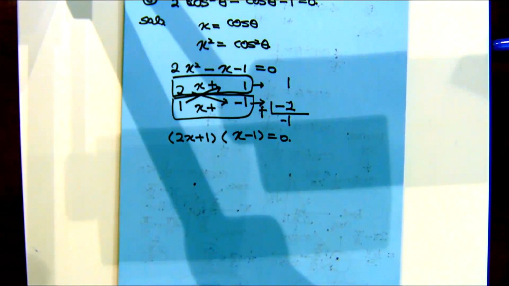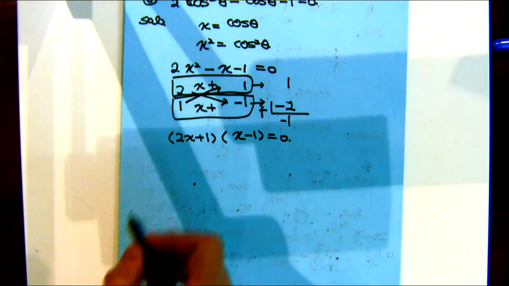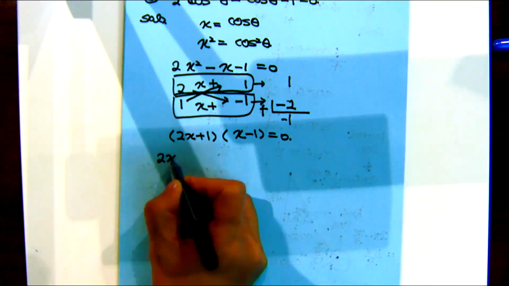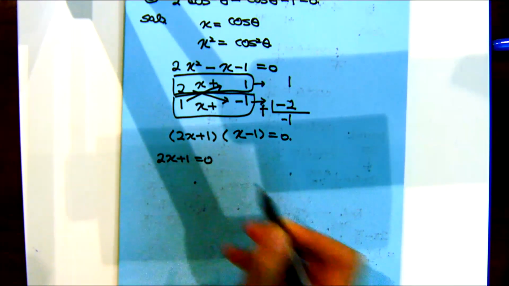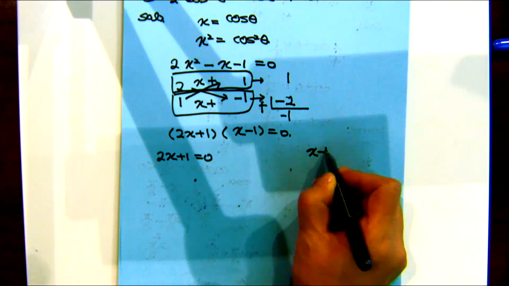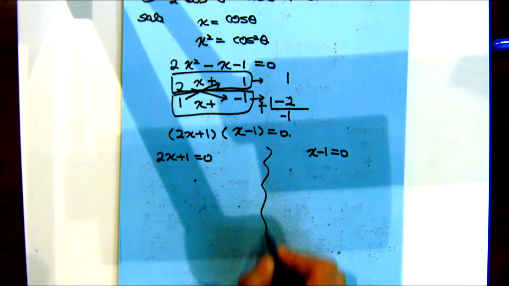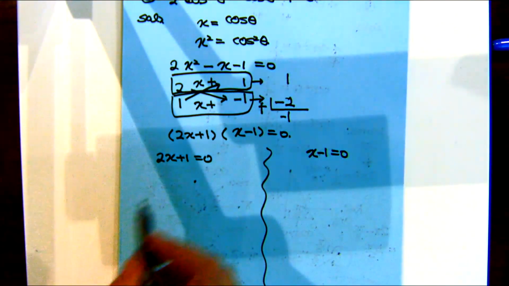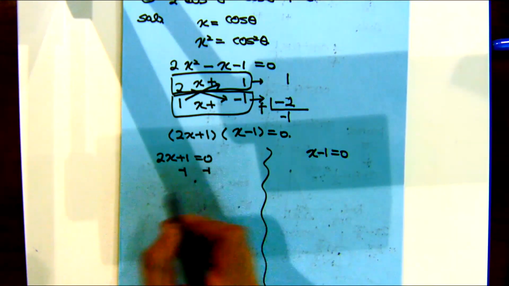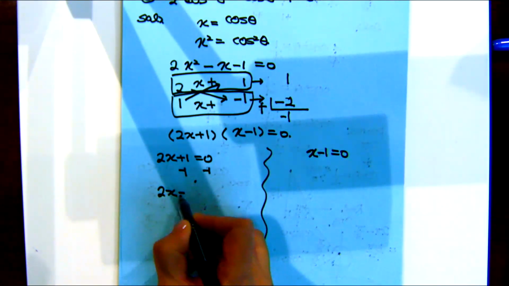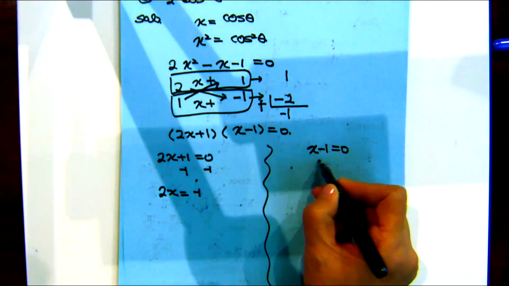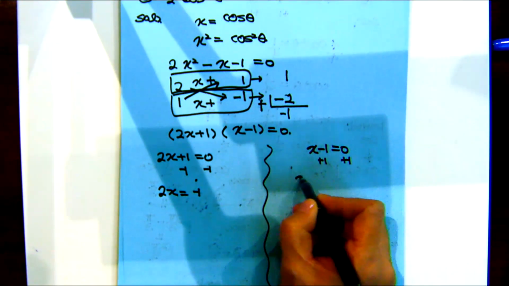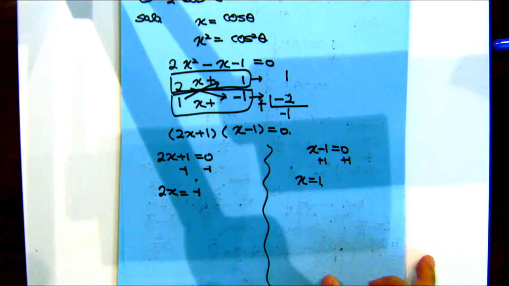So that means we have 2 equations, 2x plus 1 equals 0, or x minus 1 equals 0. So we subtract 1 on both sides, then we have 2x equals minus 1. And we add 1 on both sides, then we have x equals 1.